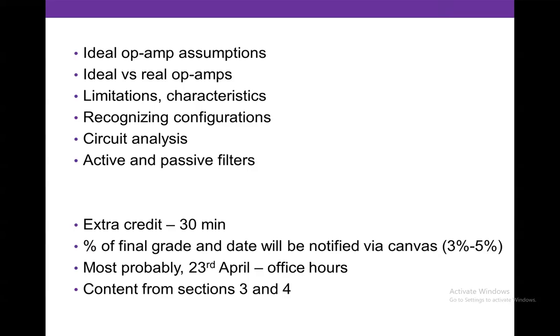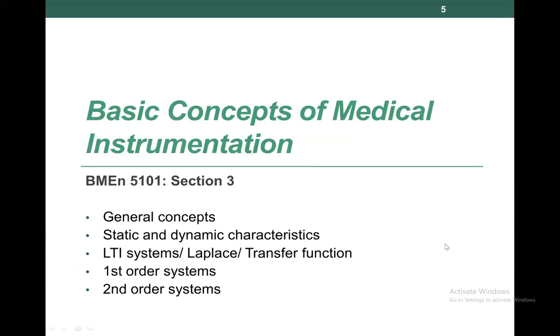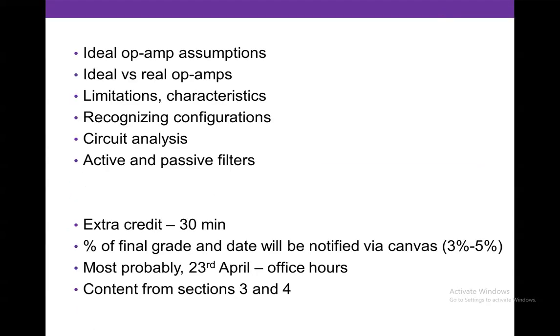It's mainly meant for students who really want to go from a C to a B or a B to an A. The questions will be harder because you have to show me that it's justified to give you extra credit to jump up a grade. The content will be from this op amp section and instrumentation section.